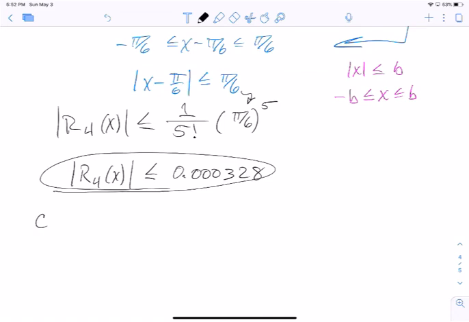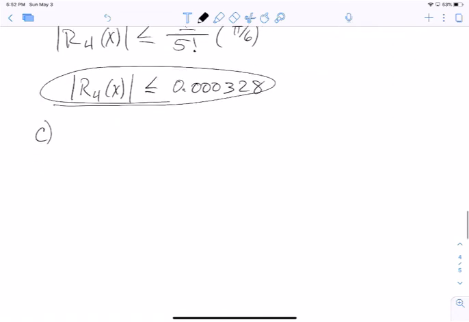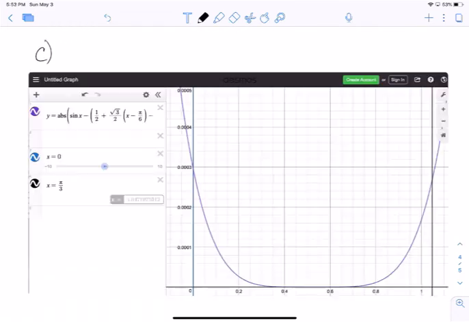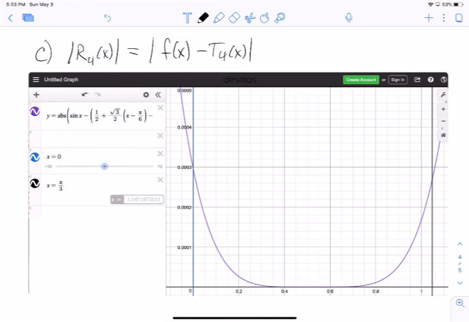Part C was a graph, and so let's look at what we have. For the graph, we are considering that the absolute value of r sub 4 of x is equal to the absolute value of f of x minus t sub 4 of x.